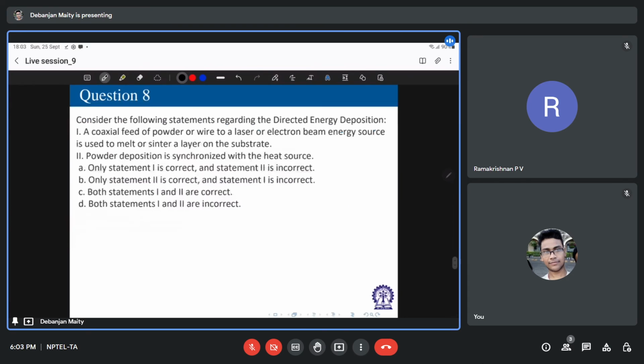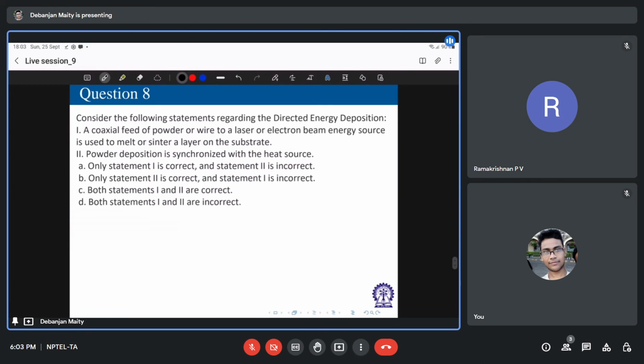Okay, so this is the last question, and this is again similar to whatever we covered till now. It's on direct energy deposition. One statement is that a coaxial feed of powder or wire to a laser or electron beam energy source is used. Yes, this is true.